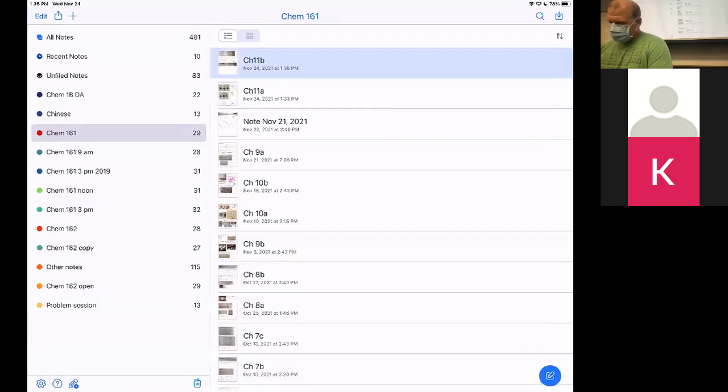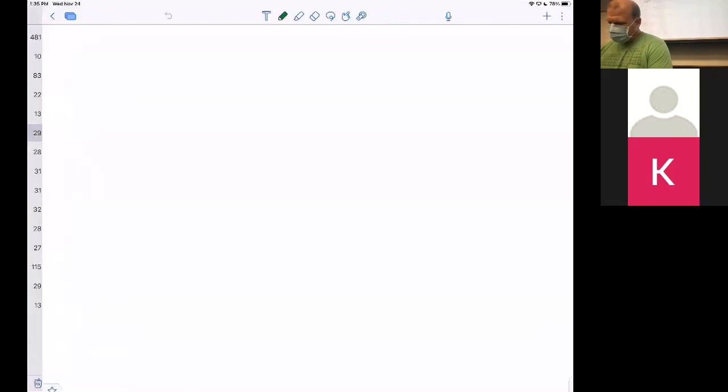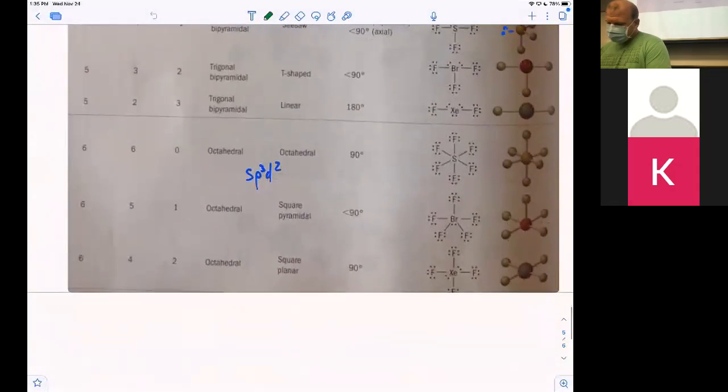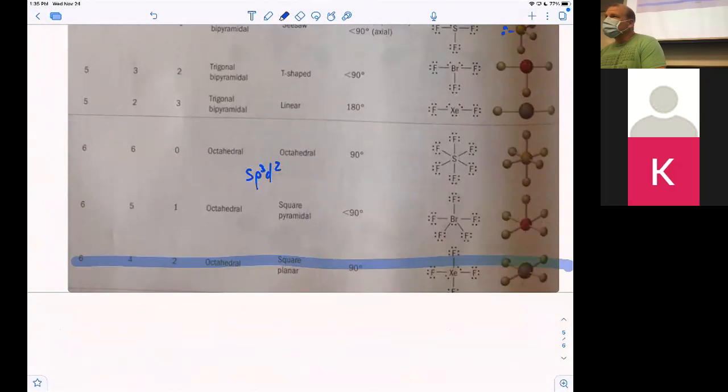I'll show, oop, switch to me. So 6 things, 4 bonding, 2 non-bonding, that's going to be square planar, and everything is perpendicular. So, questions with this one?